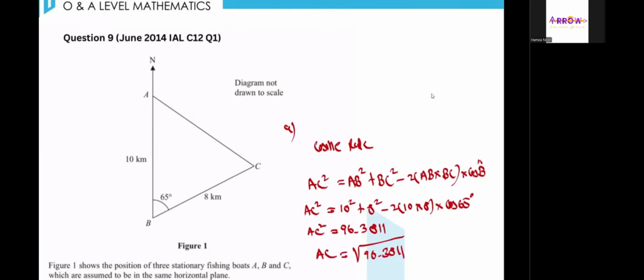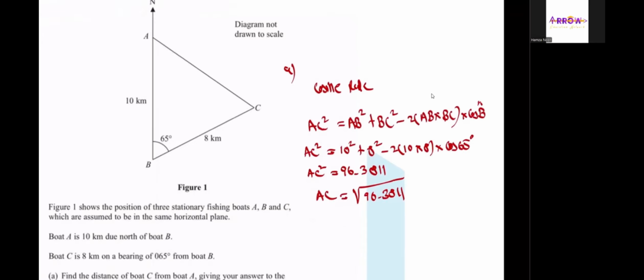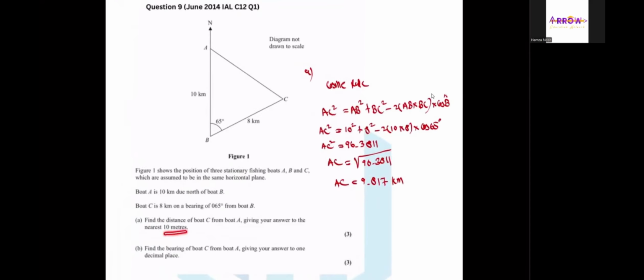AC is basically the square root of this value. The square root of 96.3811 is 9.817. I'm going to write the length of AC to a higher degree of accuracy: 9.817 kilometers. But we need to give our answer correct to the nearest 10 meters as per the requirement of the question.